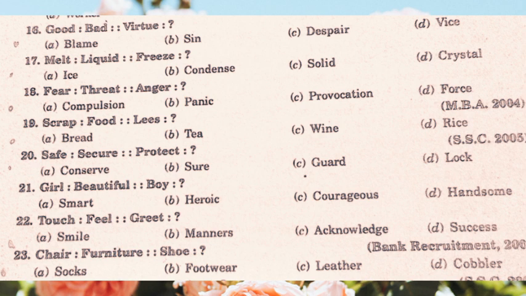Let us see the options. First is blame, sin, despair, and vice. You can easily delete blame and sin. You have to just check between despair and vice. Despair is also a bad or evil character, but it refers to one who does not have much hope or faith, one we can't have faith in. And vice is nothing but being immoral.